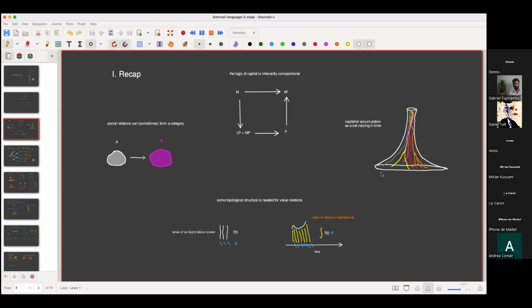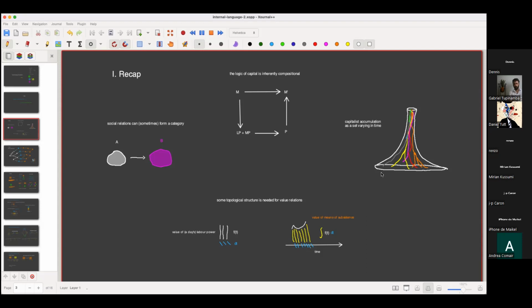So this idea combined with the idea of a category allows us to formulate capital as something which is expanding in time. And not only that, but it has subsets, which correspond to individual capitals, which are competing. Some of them are dying off because they're unable to survive the competition.